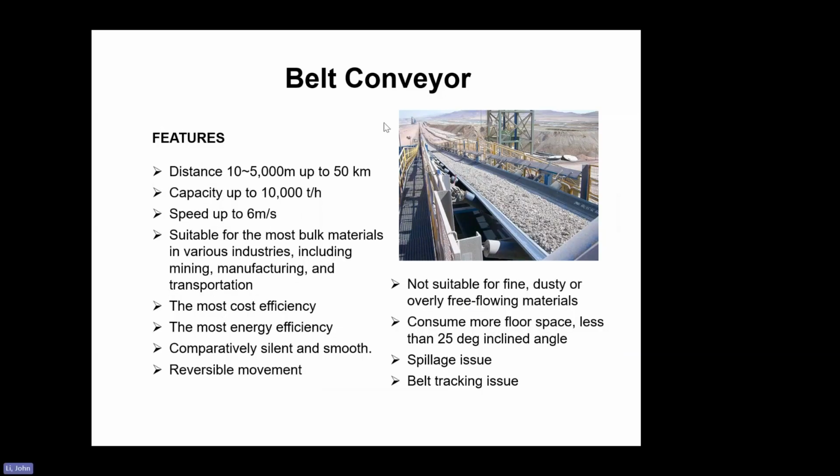The feature of a belt conveyor is that the distance is usually from 10 meters to 5,000 meters. But the longest now in the world is 50 kilometers. And another one may be 70 kilometers, which I think is now in the manufacturing fabrication stage.